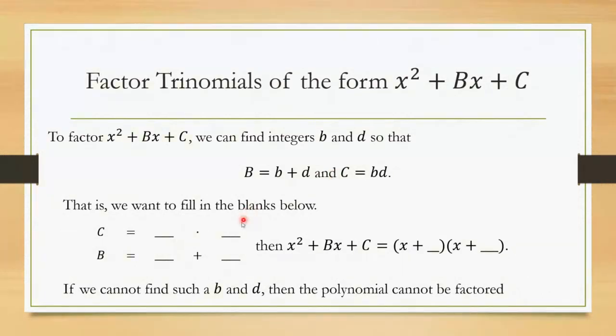In other words, you want 2 integers, not just numbers, that fill in the blanks here, whose product is the constant term and whose sum is the coefficient of x. Once you find those numbers, you can write it as x plus the first number times x plus the second number.